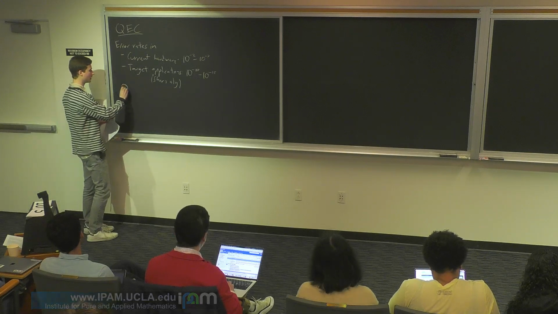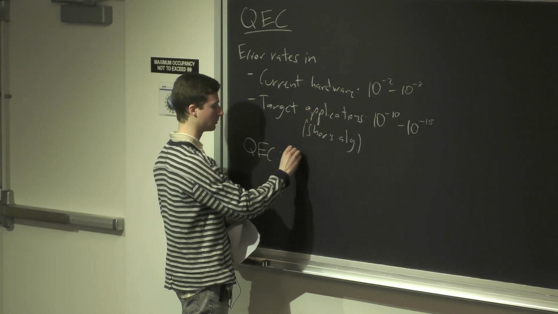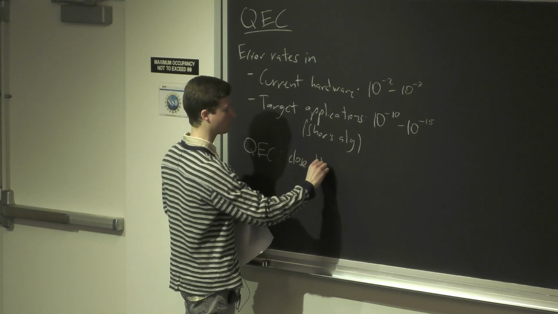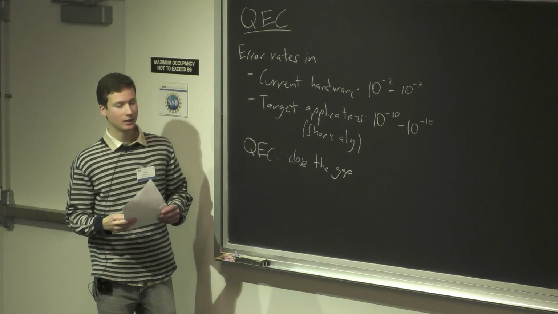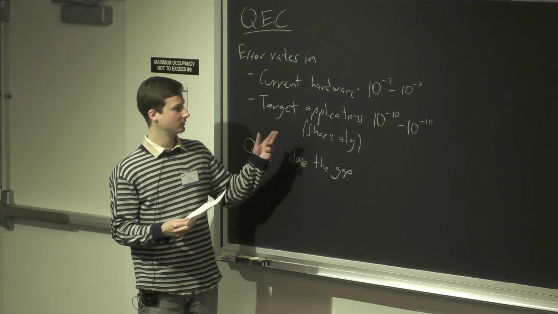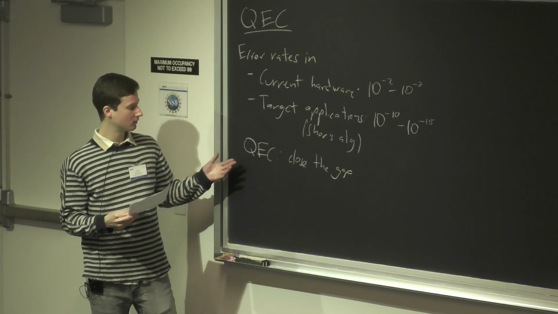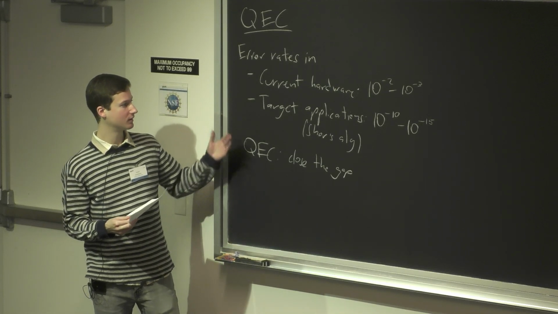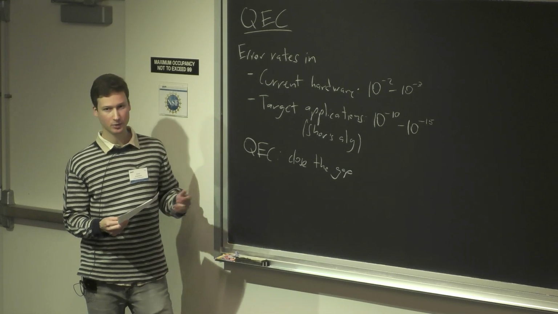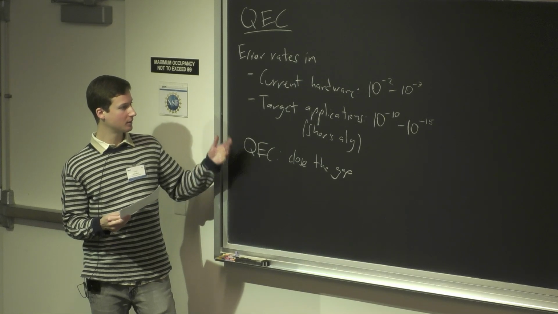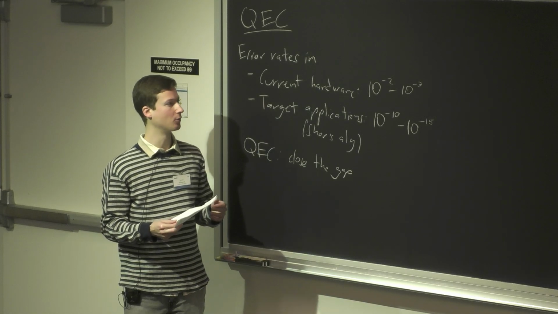So the goal of quantum error correction is to essentially close the gap between these numbers. It seems somewhat unlikely that with current hardware, we're actually going to get error rates as low as we need for some of these target applications. So instead, we can hope to use quantum error correction, where we can simulate running Shor's algorithm, or some algorithm in this target application, at a very low error rate on much more noisy hardware.